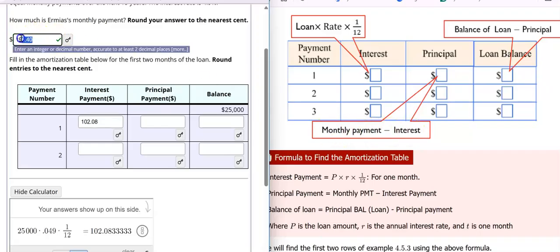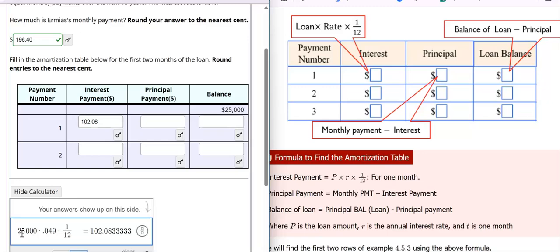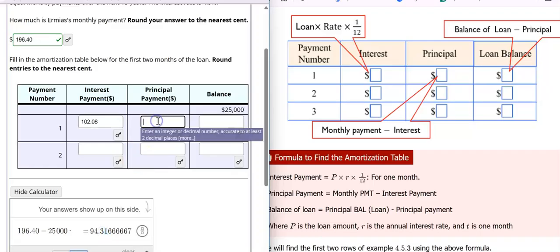The monthly payment is $196.40, and the interest we just found is $102.08. Subtracting, $196.40 minus $102.08 gives you $94.32. So the principal payment is $94.32.